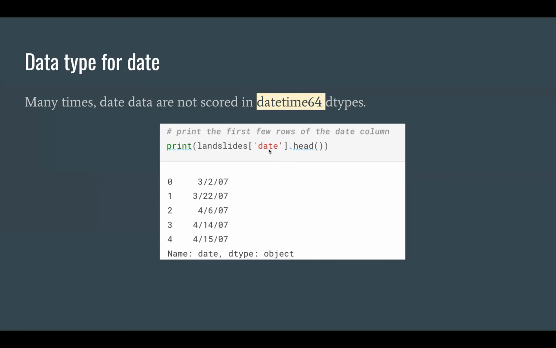As you can see, this is an example from a data set called landslides, which has this date column as an object. We as humans can tell these are dates, but in Python, you need a little more than that for it to know they're dates.